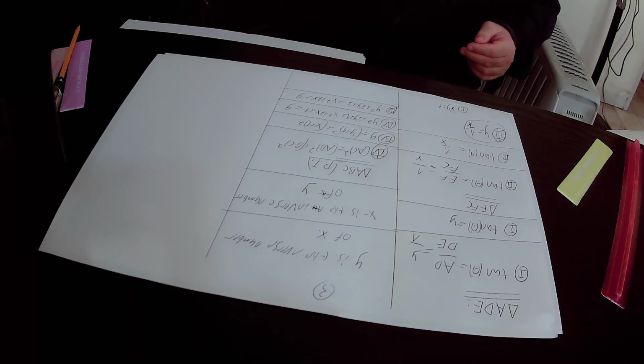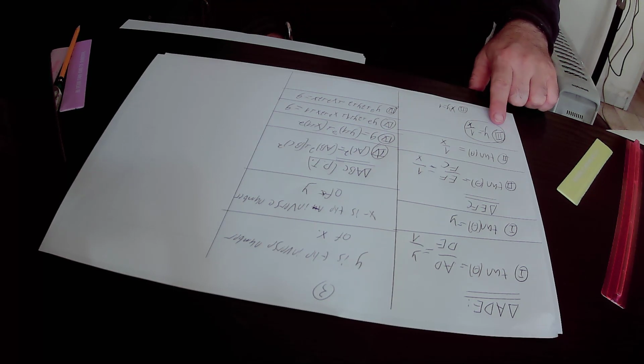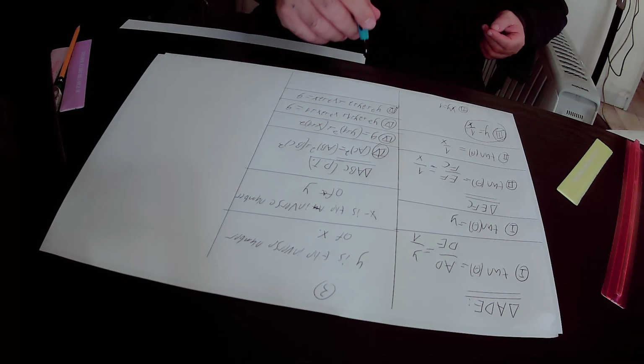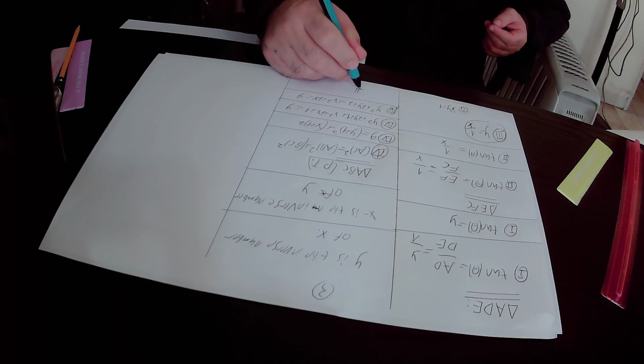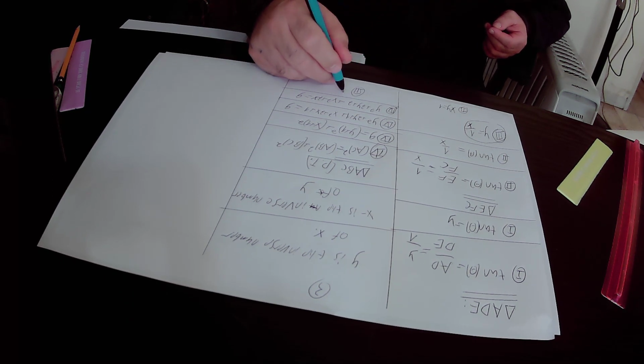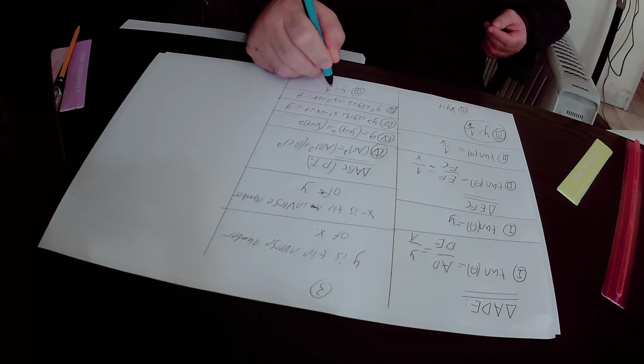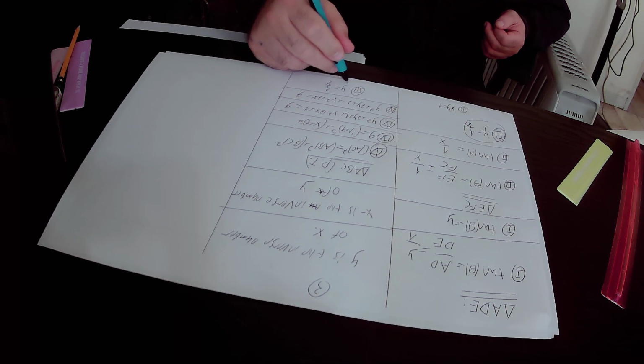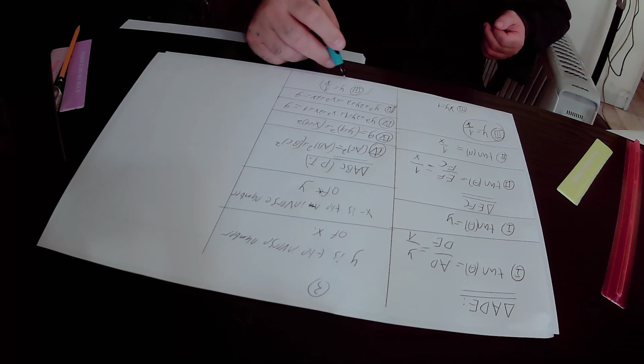According to equation number 3, y equals 1 over x. I write it down. y equals 1 over x. So we substitute y by 1 over x.